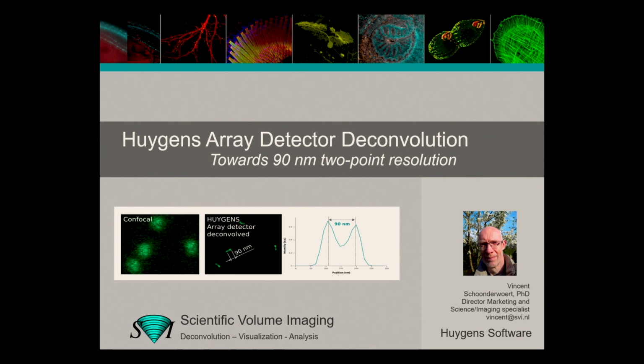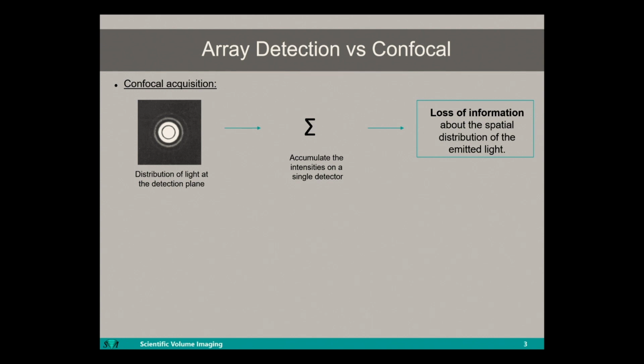Let's have a look at the differences between a confocal and array detector system. In confocal laser scanning techniques, the excitation laser illuminates a specimen one point at a time. The emitted light that travels back to the detector is filtered out by a pinhole that rejects the out-of-focus light.